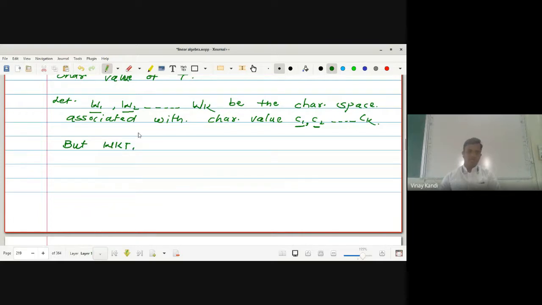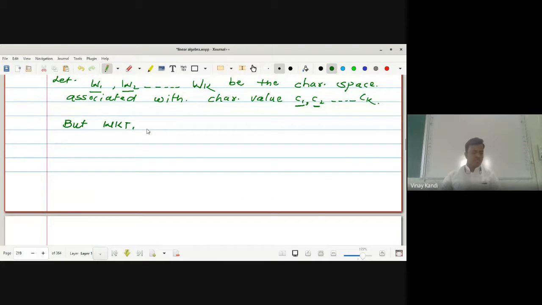Now, we assumed that T is diagonalizable. That means V is the direct sum of the characteristic spaces of T. T is diagonalizable means there exists a basis beta for V such that every vector of that basis is a characteristic vector.